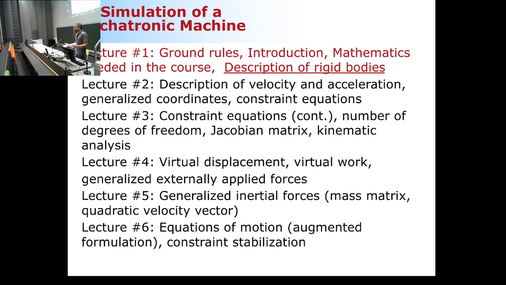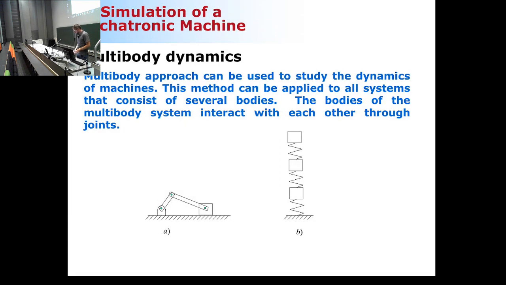Make sense? All right. To make this happen, we're going to use a method called multibody system dynamics. First, it's important to understand what kind of system a multibody system is. By definition, a multibody system is a system that consists of multiple bodies, as the title implies. No surprises there.